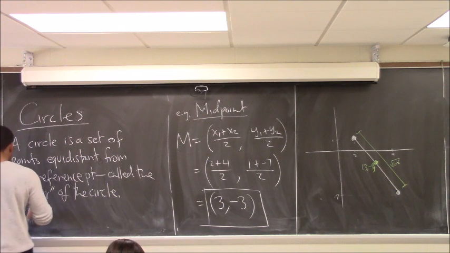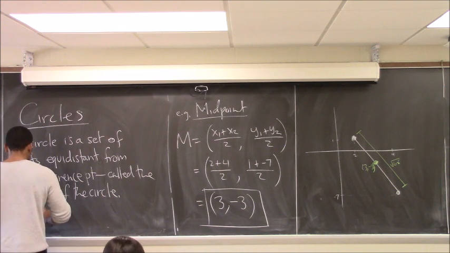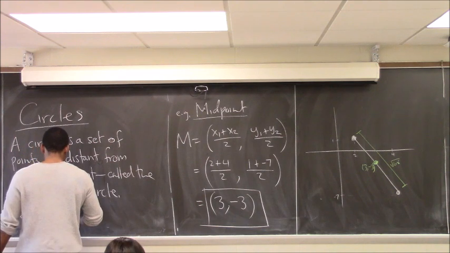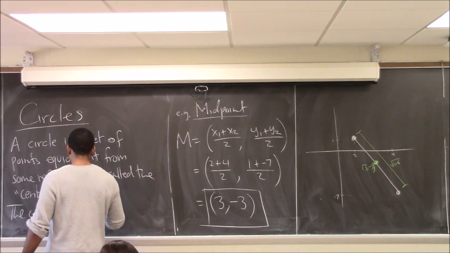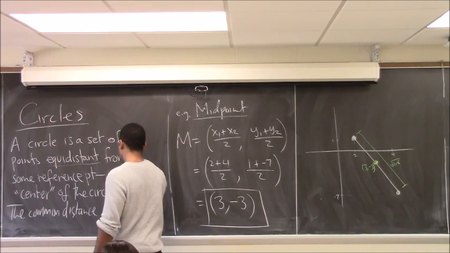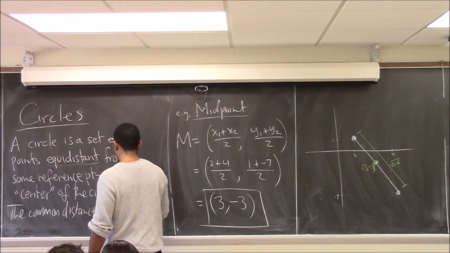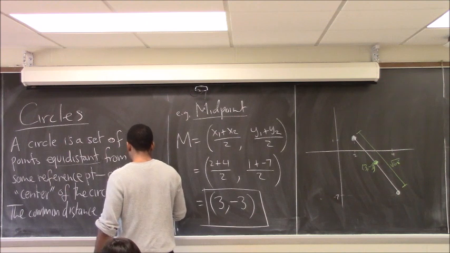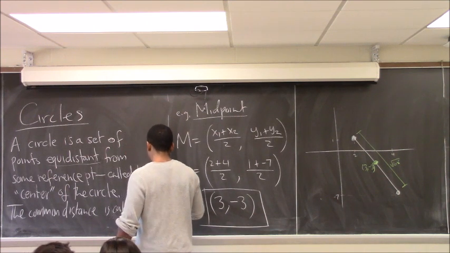The common distance of the points, this distance that I'm referring to here, is called the radius of the circle.